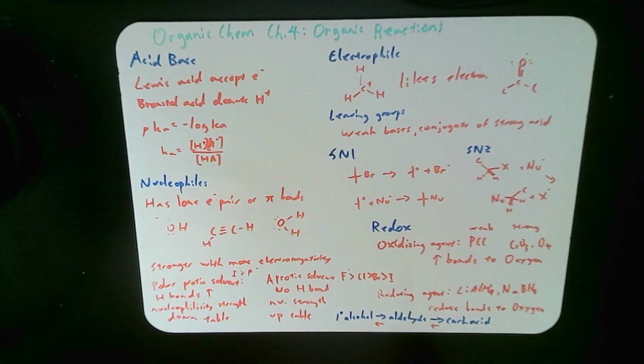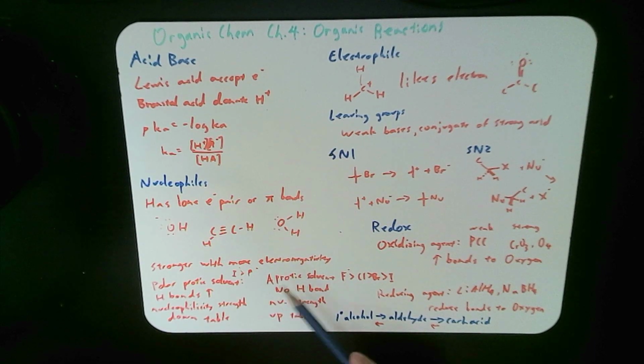So think of the H bonds in the polar protic solvent acting as electrophiles and taking away these nucleophiles. They're kind of like in biology, where you have enzymes and enzyme inhibitors, right? They're like the inhibitors that compete and take away these extra enzymes that could participate in a reaction.